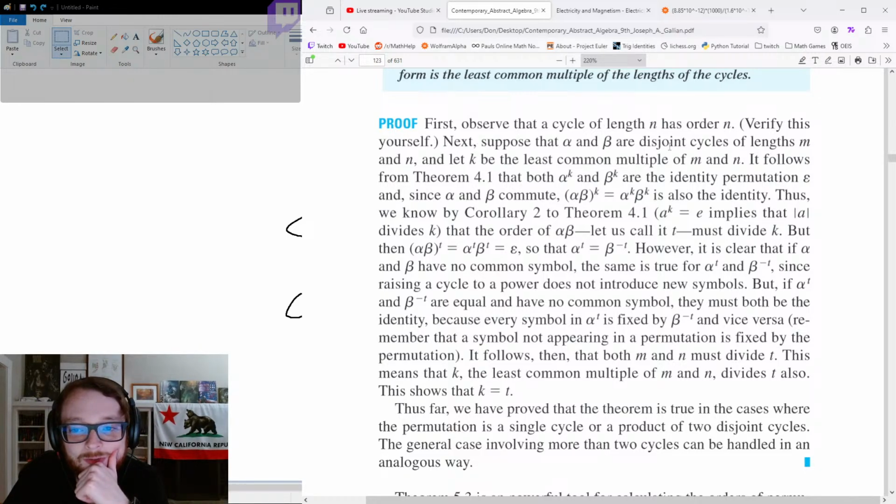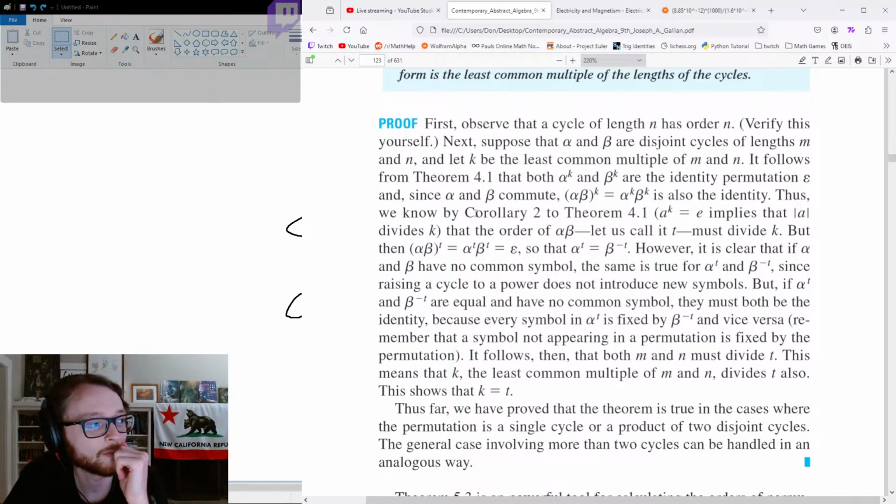Suppose alpha and beta are disjoint cycles of lengths m and n. Let k be the LCM. Oh, so this is relying on the commutativity of this disjoint cycle notation. And okay, yeah, that is another form of composition.